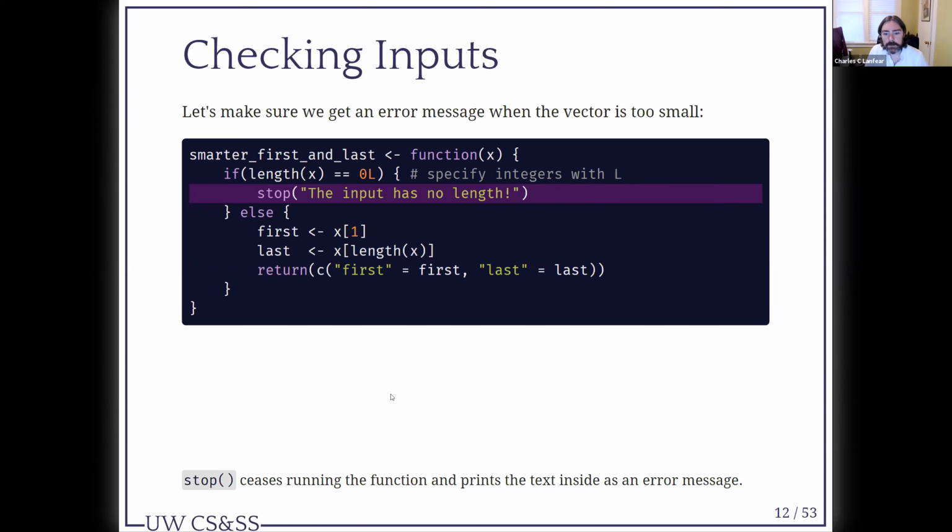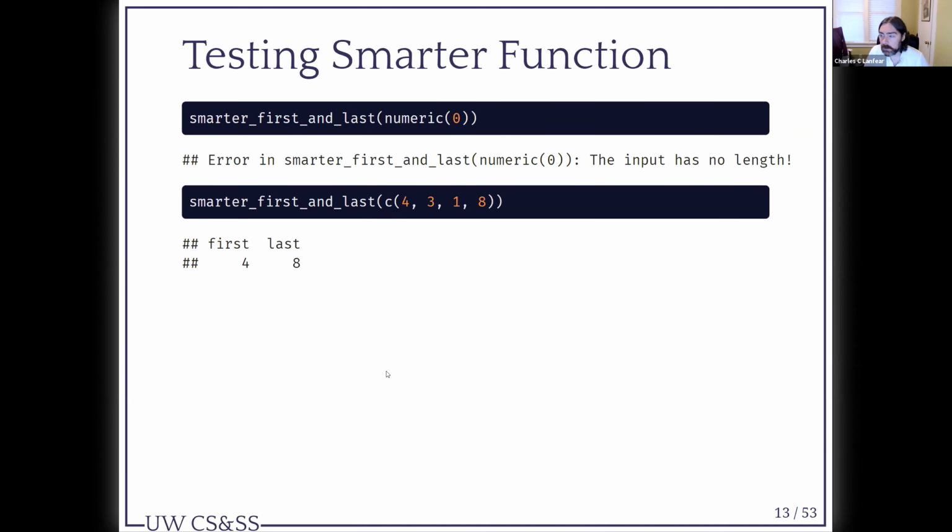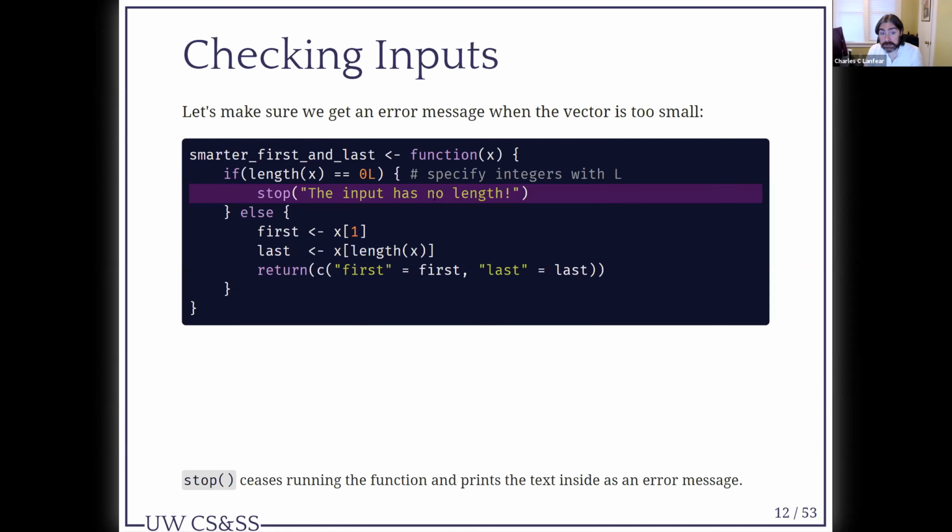Okay, so how does this work? Now, if I run smarter first and last and give it numeric 0, it now says error in smarter first and last numeric 0, the input has no length. Where did this come from? It literally just spit out exactly what I told it to do.